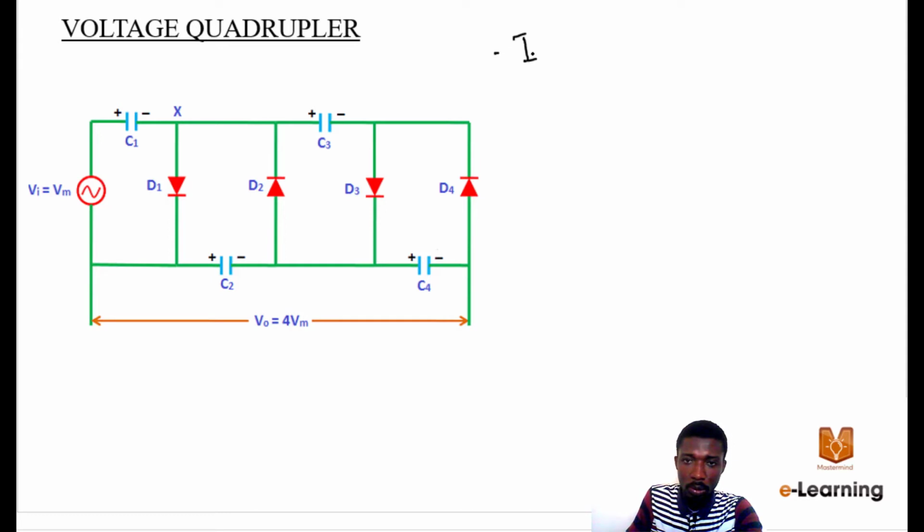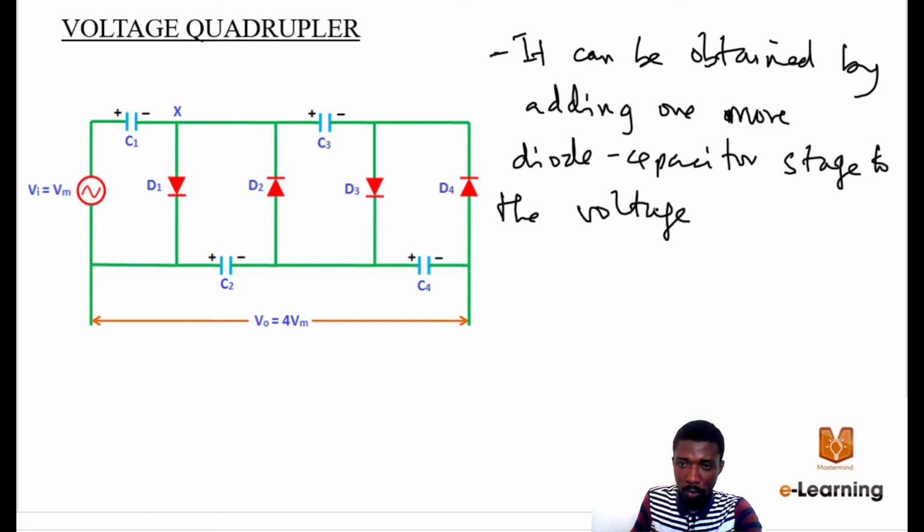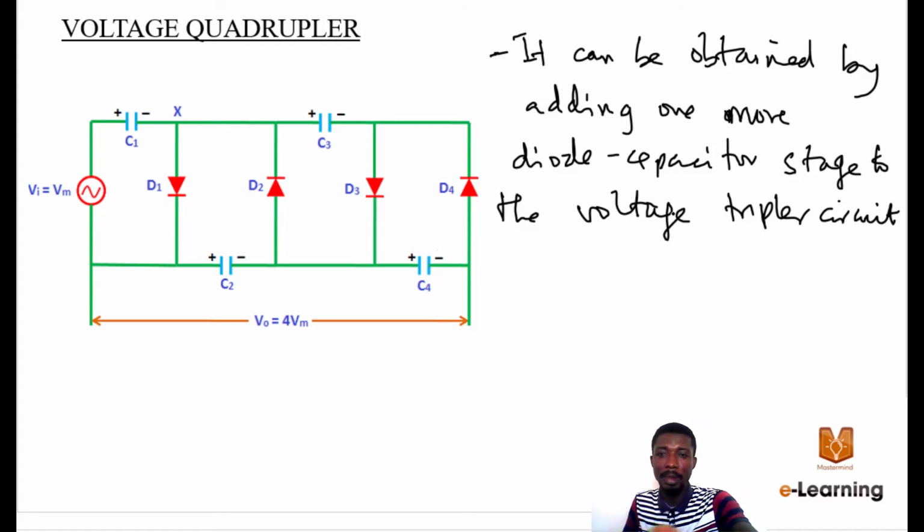It can be obtained by adding one more diode capacitor stage to the voltage tripler circuit. So you just take the voltage tripler circuit and then add one more diode capacitor, and then you have a voltage quadrupler.